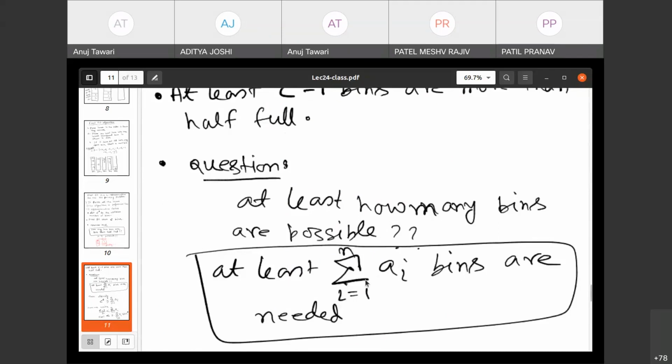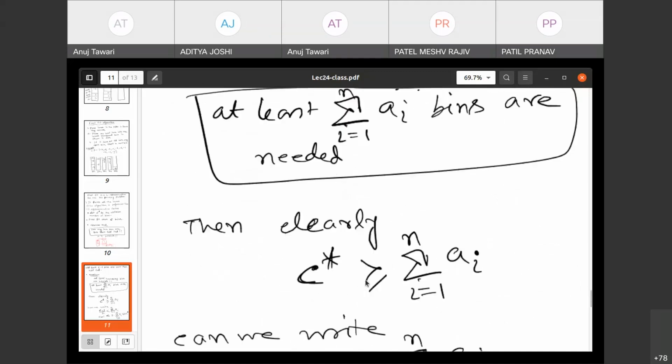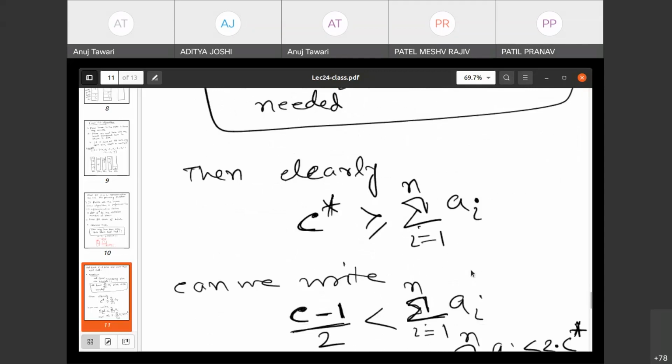Because what we saw was that we can sum up all the values, and whatever that sum is, that many bins you definitely require. If the sum is some 2.4 or 2.5, then definitely you will require 3 bins. So C star, which is the optimal solution, is greater than or equal to the sum from I equal to 1 to n of AI. Now we want to compare our C with C star.